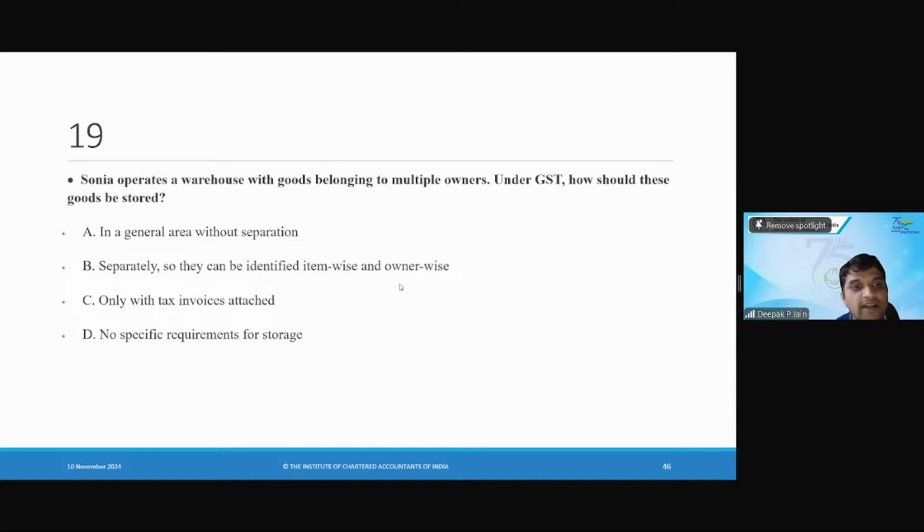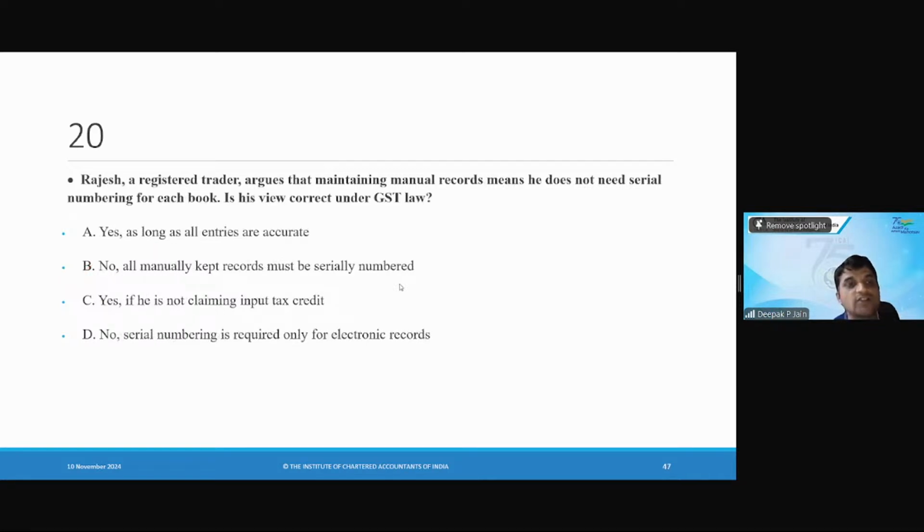Separately, so they can be identified item wise and owner wise. Correct. Very good. 20th question.